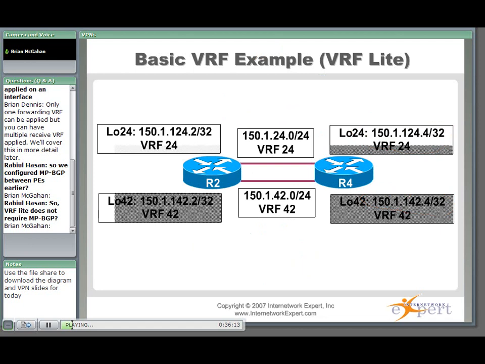Okay, the next thing we're going to take a look at is running RIP inside the VRFs. Okay, with RIP, we're going to be using an address family type configuration that you should be familiar with if you've dealt with IP version 6 before.